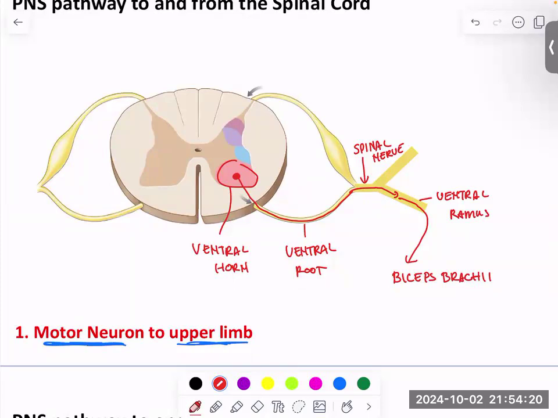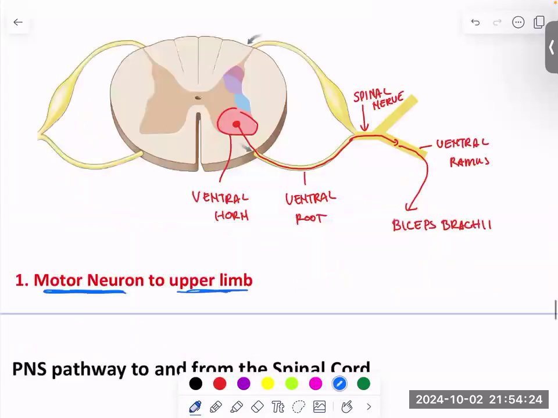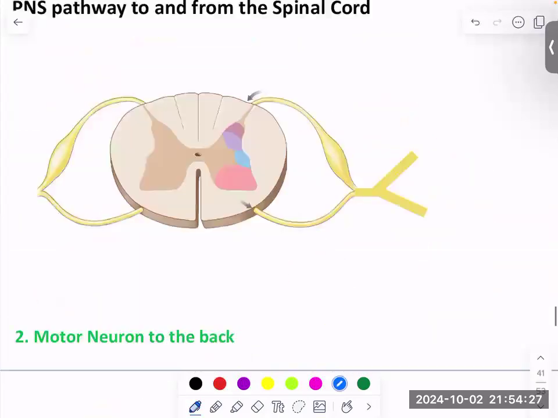To get to the back of the body. Motor neuron to the back. It starts right here. What is that region called? The ventral horn. It leaves the spinal cord out of this region.